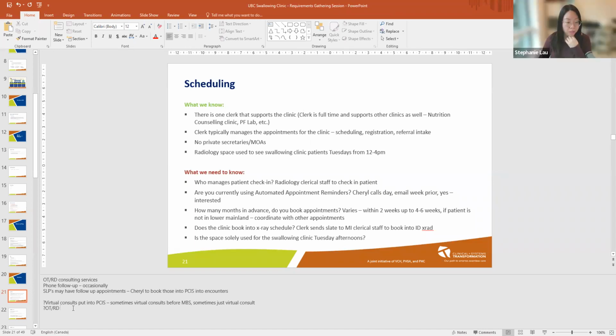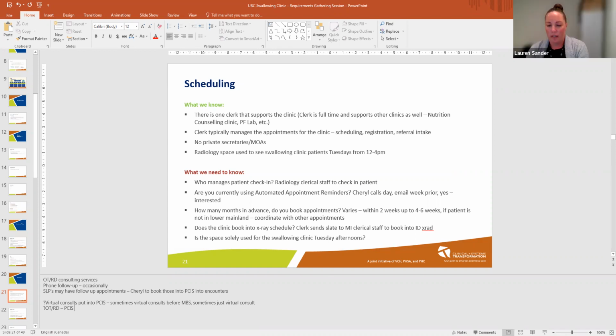Sorry, one more thing. The OT and the RD portions of the clinic visit, are those booked as one big appointment where SLP, OT and RD are all seeing them, or are they kind of like separate appointments within PCIS? I don't know if Cheryl's booking specific appointments for OT and RD. OT and RD and SLP all are working together for that set appointment, but I'm not sure if she's assigning OT and RD as providers and entering separate.